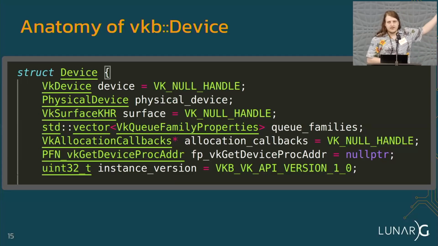You can see here are all the members that were used to create it, like the physical device and the surface, where those were not inherited, but provided from the constructor that took a physical device object. And that lets it fill in all the information it needs for you to quickly get all the things you want from a device, querying queues and whatnot.